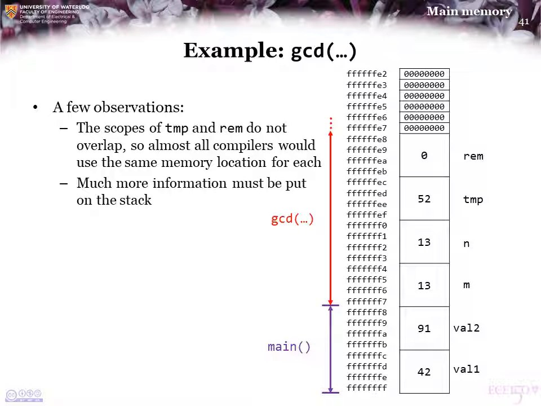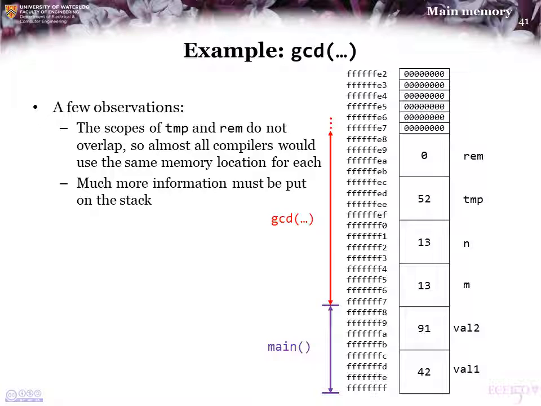Now, a few observations. Looking back at those local variables, we do notice that the scopes of temp and rem do not overlap. So a compiler may actually choose to allocate the same memory for each of these.